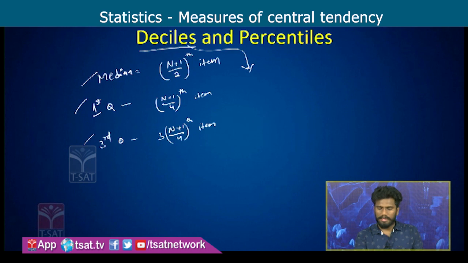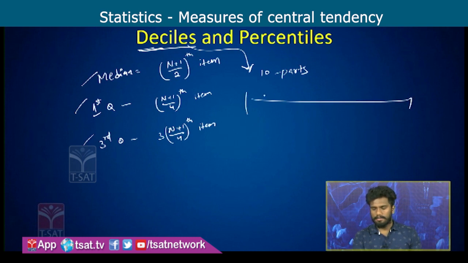Deciles, the name itself is saying. Decile means 10 parts. That means the whole data is divided into 10 parts.